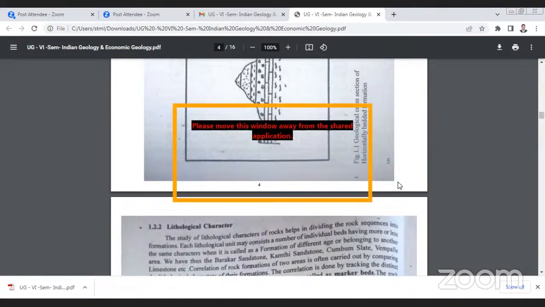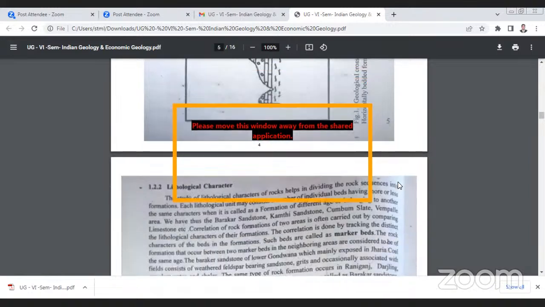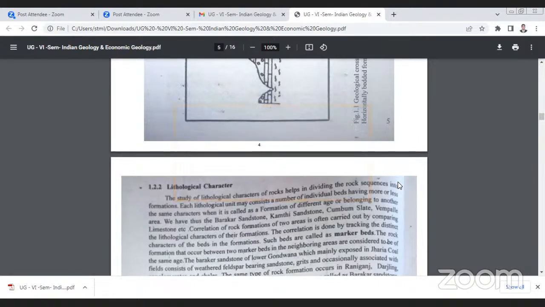It is very useful in creating a correlation between one rock formation and another. The correlation of rocks for two areas is often carried out by comparing the lithological characteristics of their formations, how they were formed, and what types of characteristics they have.